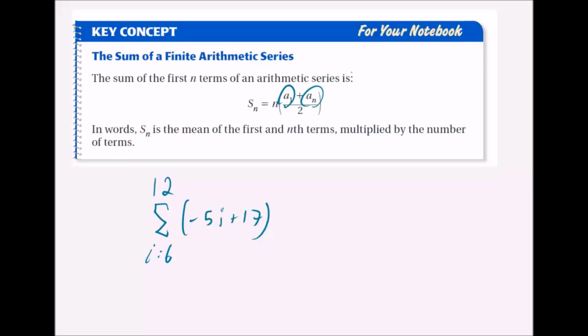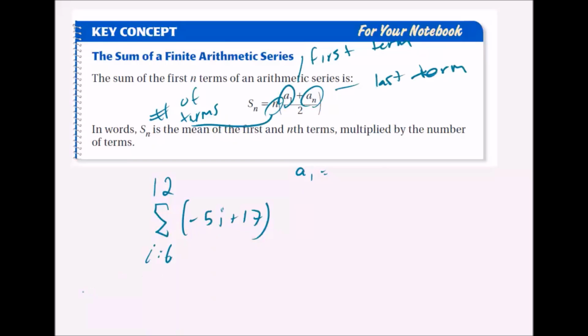a1 is the first term, and an is the last term. So the first term and the last term. And then n is the number of terms. Okay, so first we'll find a1.